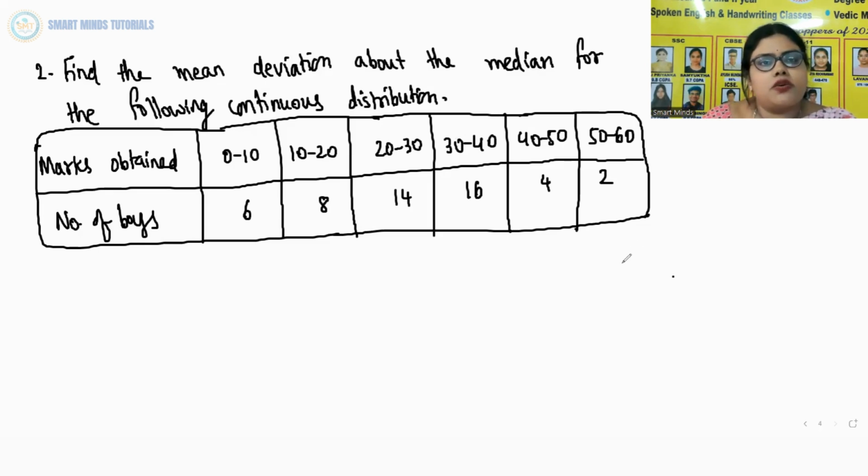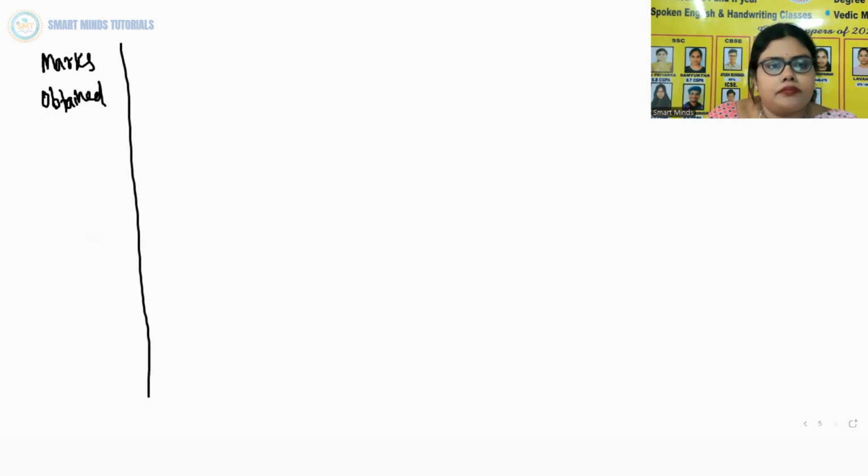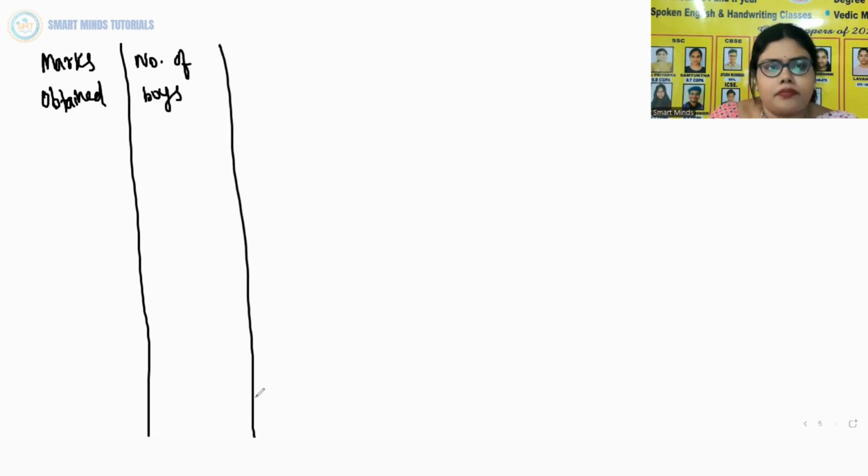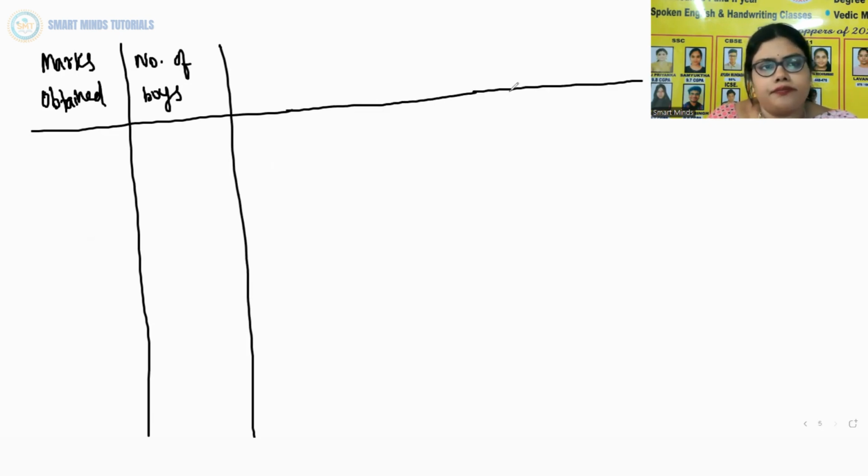Now take the next question. Find the mean deviation about median for the continuous distribution. So let us form the table. Marks obtained is the first column, number of boys is the second. Let us fill these two columns first.